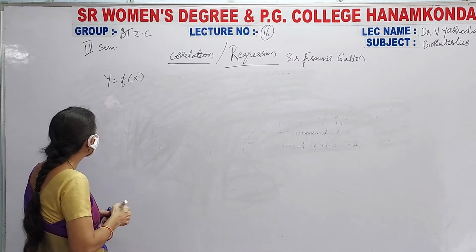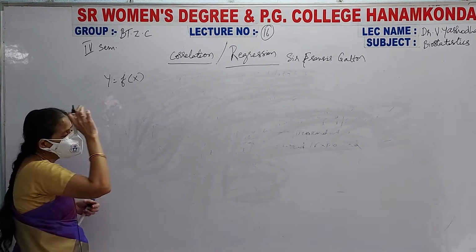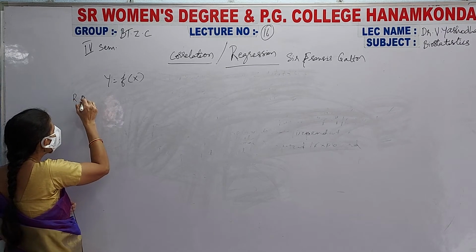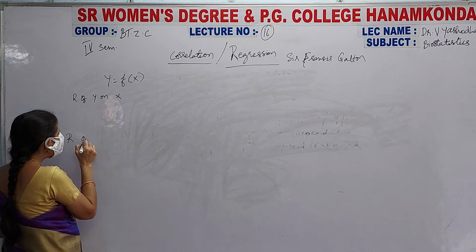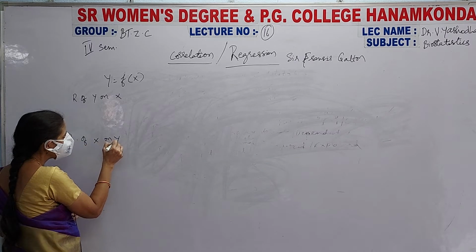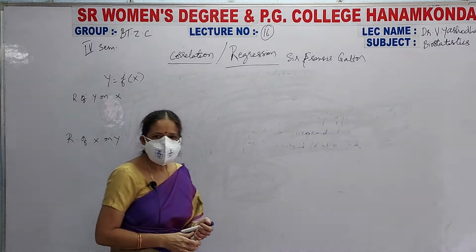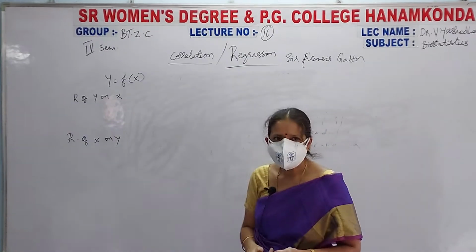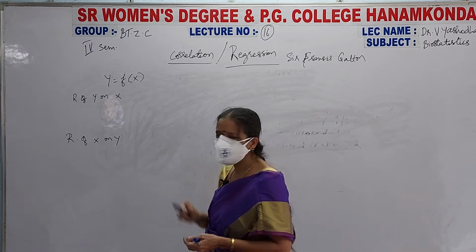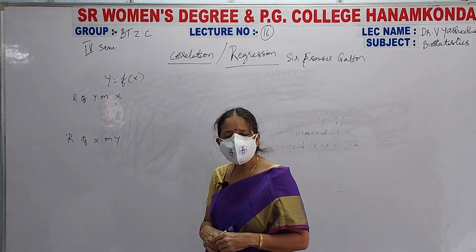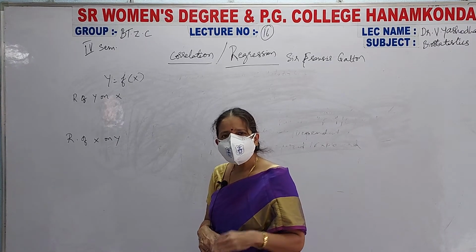Now see here, if you want to calculate regression of y on x or regression of x on y, there are 2 things. Regression can be calculated by 2 methods, the mathematical method and the algebraic method.